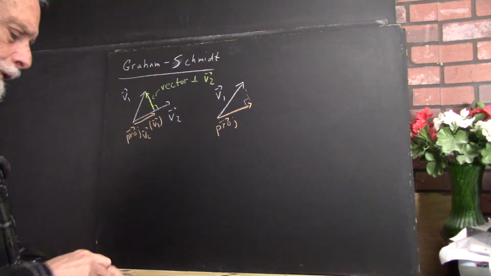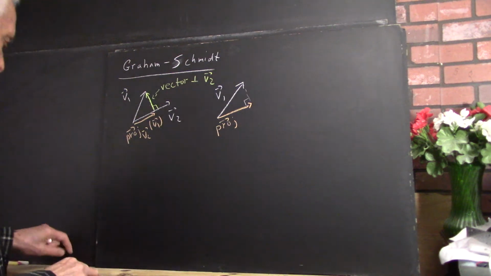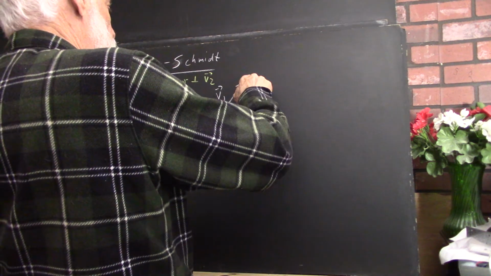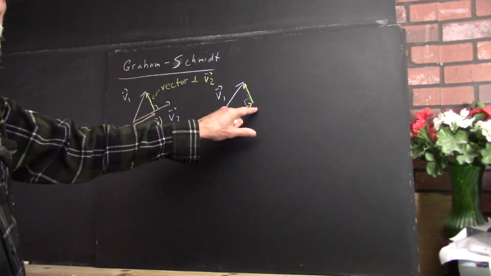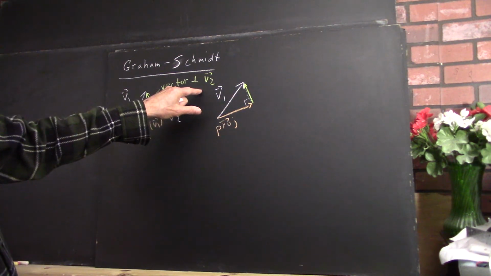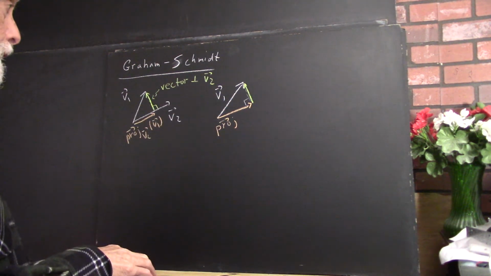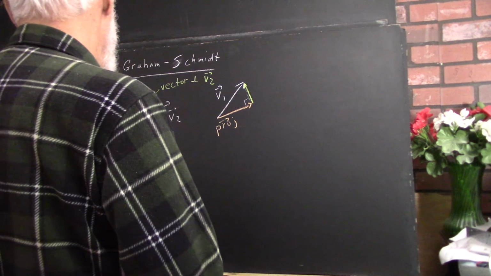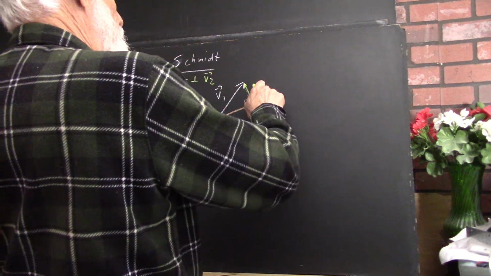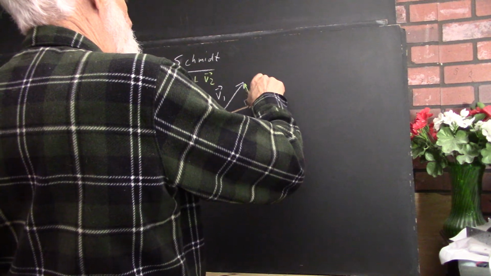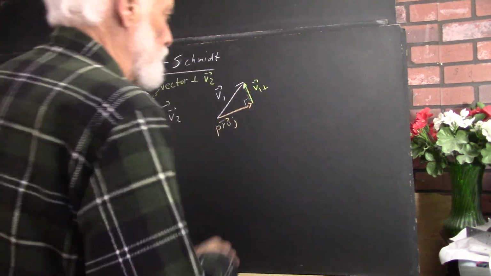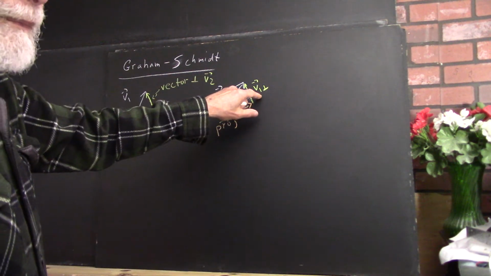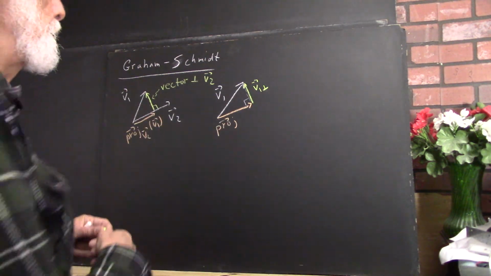I'm not going to write out all those symbols, but when I write the final thing, I'll have those symbols. And this vector is orthogonal to v2. So we'll call this v1 perpendicular. That's not a standard notation, but for the purposes here, that means v1 component perpendicular to v2.